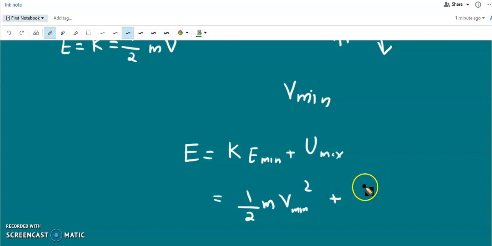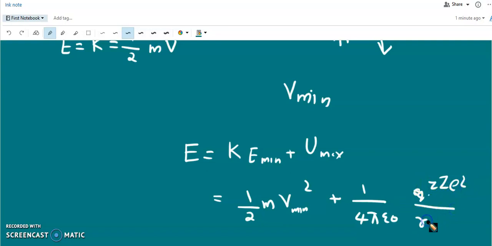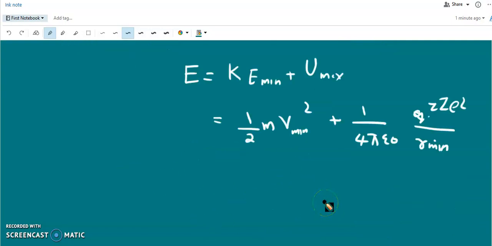And the potential energy maximum is 1 over 4 pi epsilon 0 Q1 Q2, that is small z capital Z e square divided by R minimum. This is at the minimum distance between the nucleus and projectile.